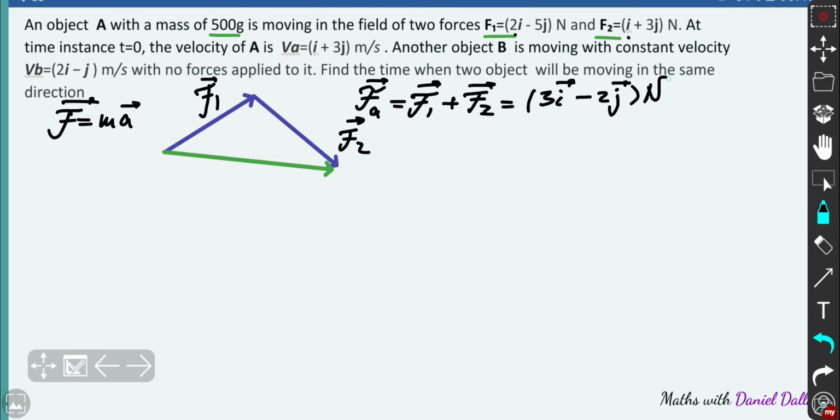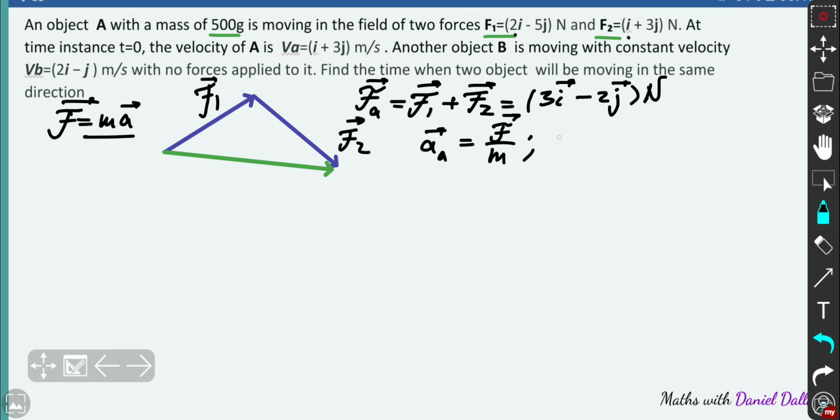Okay, next part. As a result, we will have acceleration. Anyway, we need to know the acceleration for the object A. Acceleration is simply, by rearrangement, F over the mass.